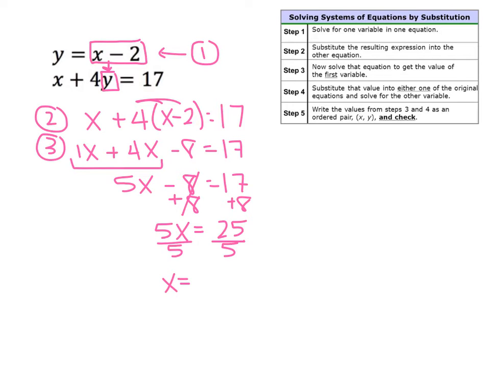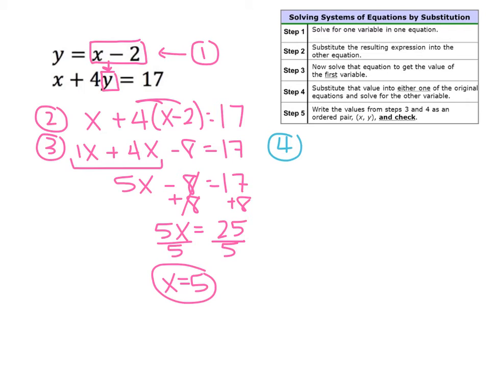Step 4 says substitute that value. Ooh, I went a little too far. X is 5. Substitute 5 into the other equation, one of the original ones, to find y.